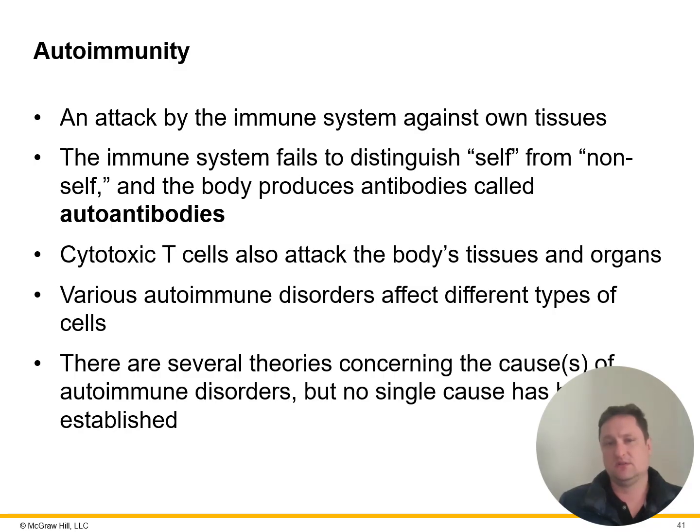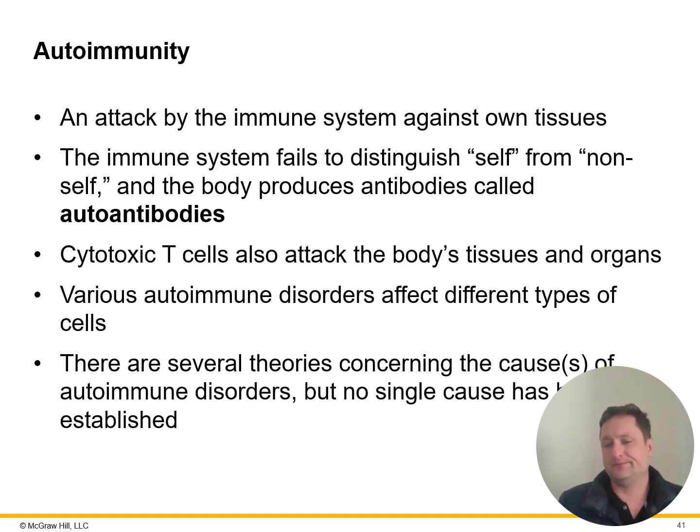As for causes, there are several theories, including molecular mimicry against infections, breakdown of tolerance during lymphocyte development, bystander activation, and regulatory T cell dysfunction. But there has yet to be a single cause scientifically established.